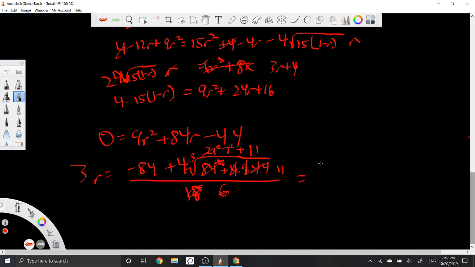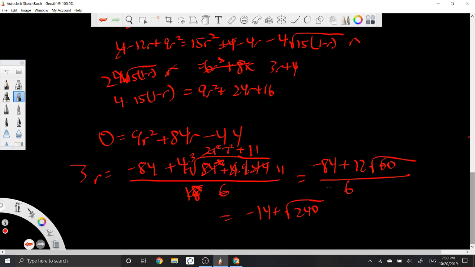And so this is equal to minus 84 plus 12 square root of 49 plus 11, which is 60, all over 6, equals minus 14 plus square root of 240 if you do this out. And we know that this is equal to square root of m minus n, so m plus n equals 254.